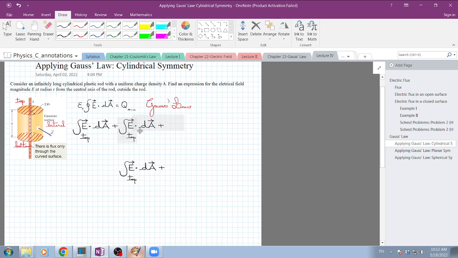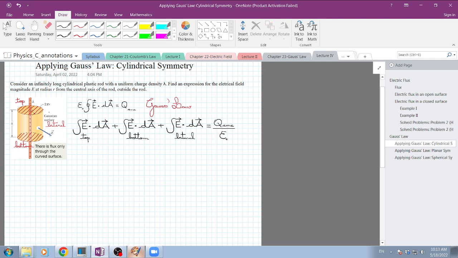I'm going to divide in three parts: bottom, and I can write for the lateral, and this is the charge enclosed, divided by epsilon naught. This is Gauss law. Guys, let's look here.